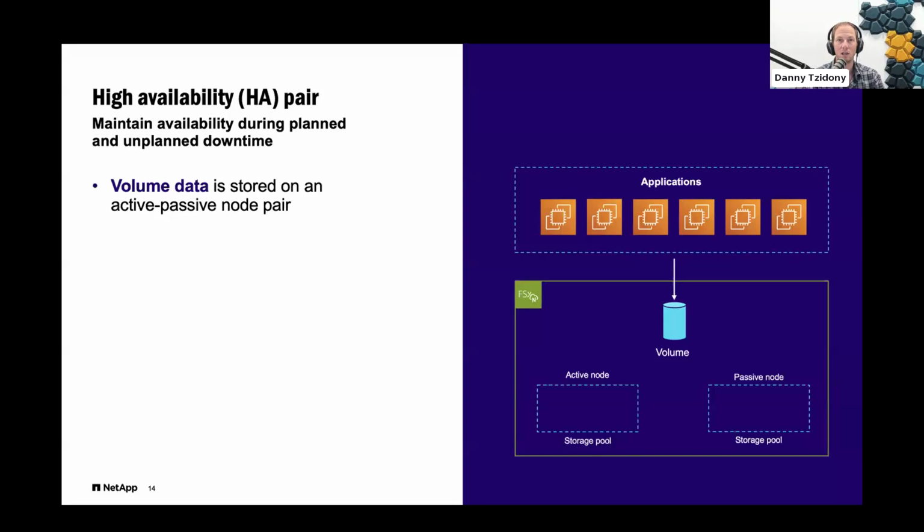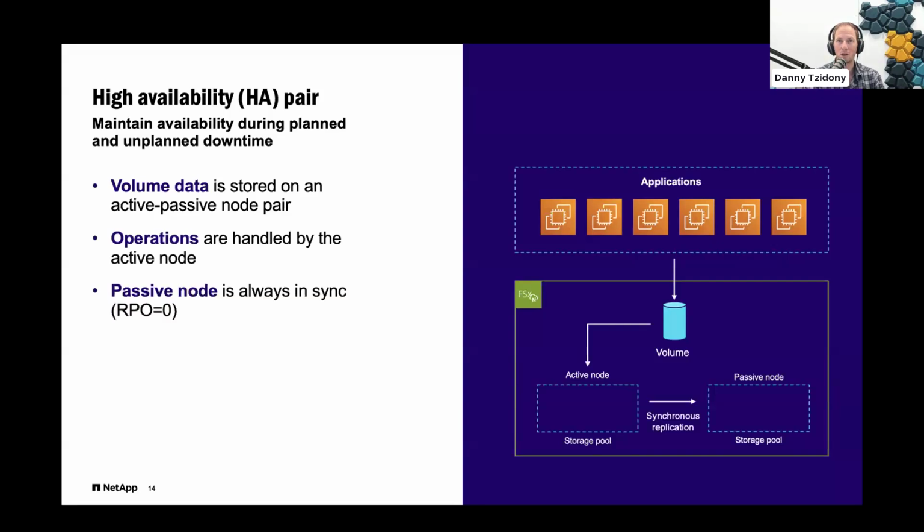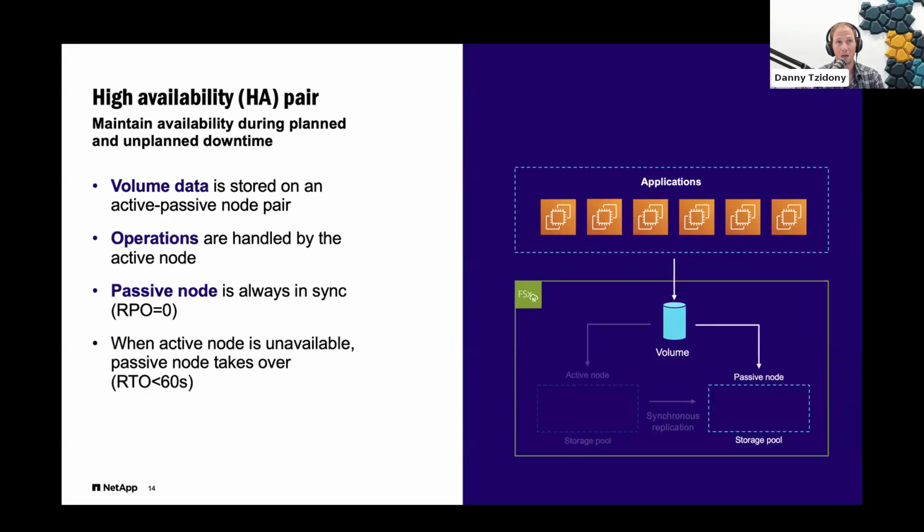Now, the underlying storage consists of two nodes, an active node and a passive node. Operations are handled by the active node, and it is replicated synchronously to the passive node. They're always in sync, giving us a recovery point objective of 0. And let's say the active node is unavailable, so we said planned and unplanned.